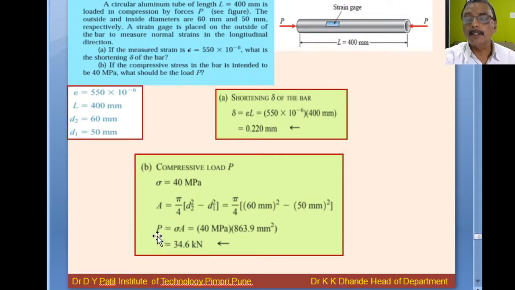Rearranging that equation, P is equal to sigma into A. Sigma is given as 40, whereas the area is equal to 4863.9 mm square. I have taken that area directly. So P is equal to 34.6 kilonewton, or you may say 34.6 into 10 raised to 3 Newton.